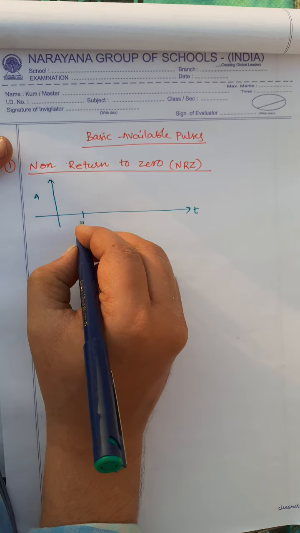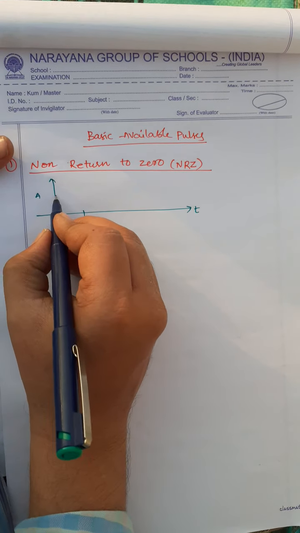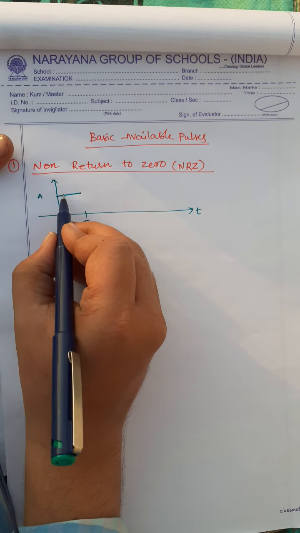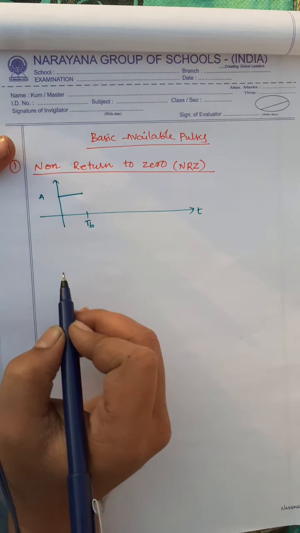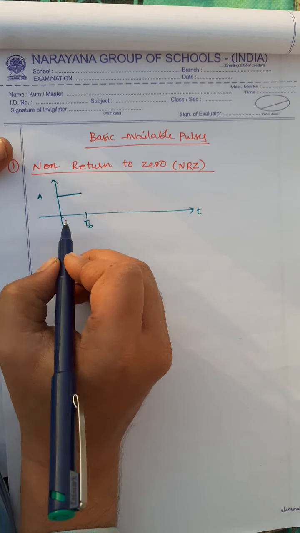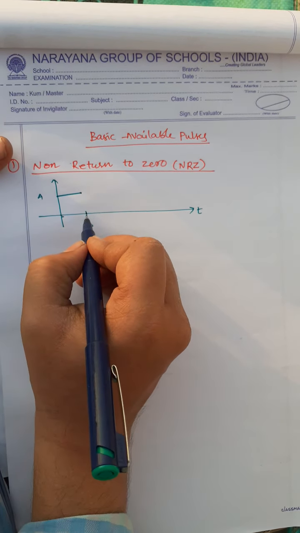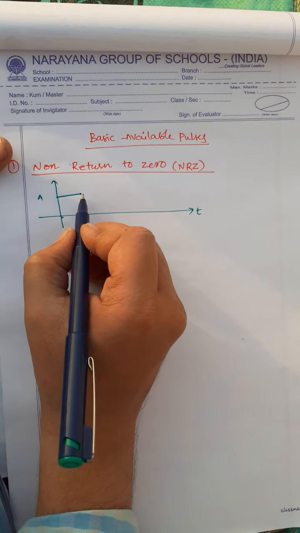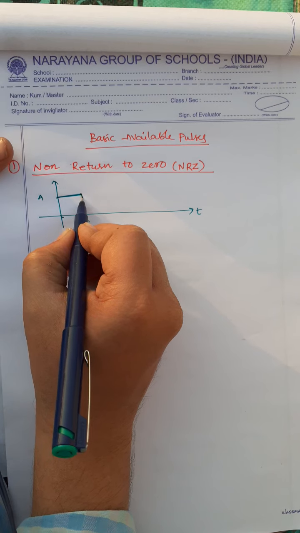Now for example, this is the TB duration. Within the TB duration, the pulse is not returned to the zero level. So that is called a non-return to zero pulse.